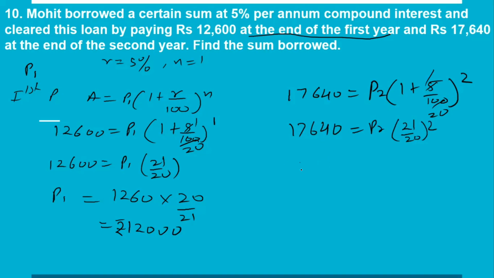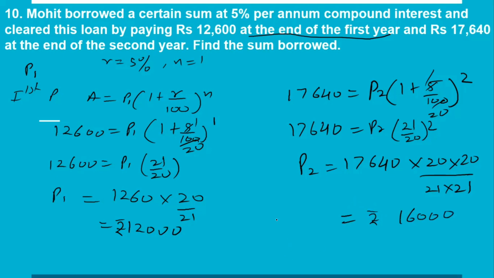So let us take this over here. You get P2, the second principal, as 17,640 multiplied by 20 into 20 upon 21 into 21. This helps you to solve it easily. On solving this, you find rupees 16,000.